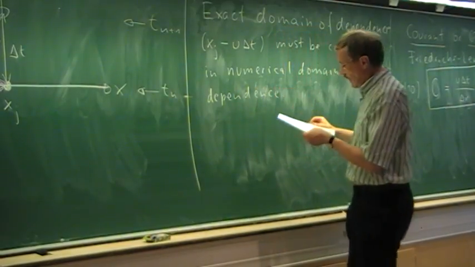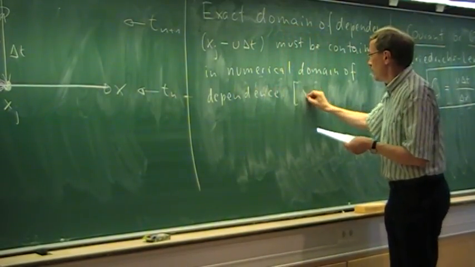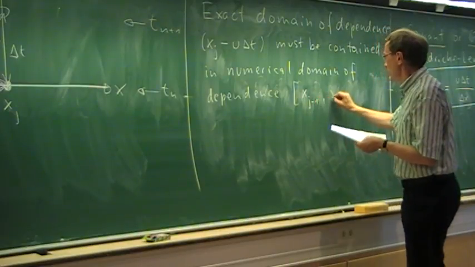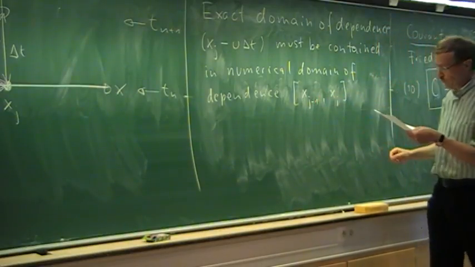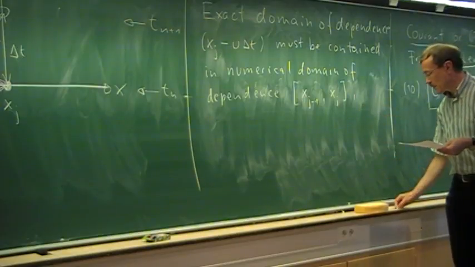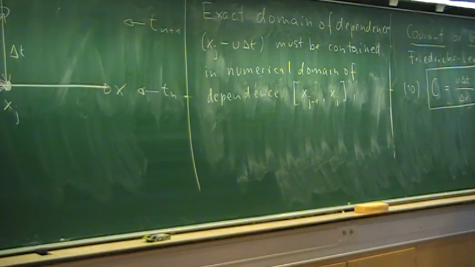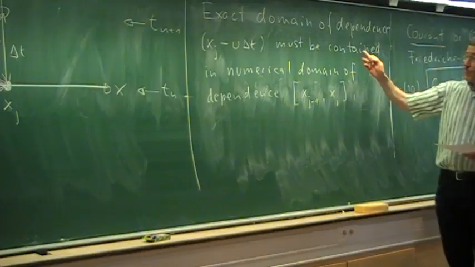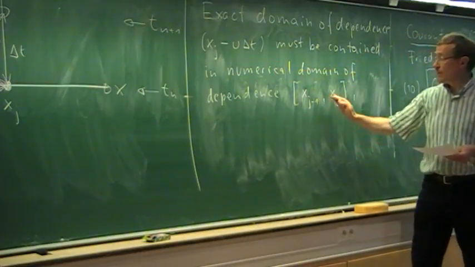And that is in our case the interval xj minus 1, xj. That means this point has to be in this interval.